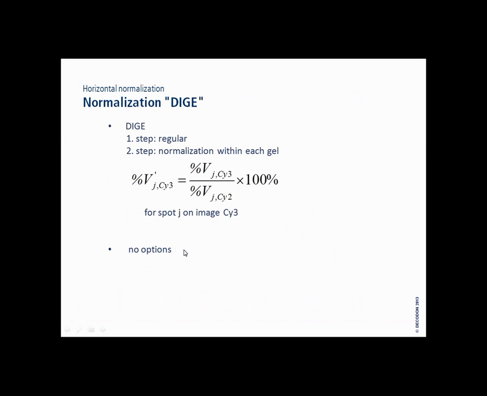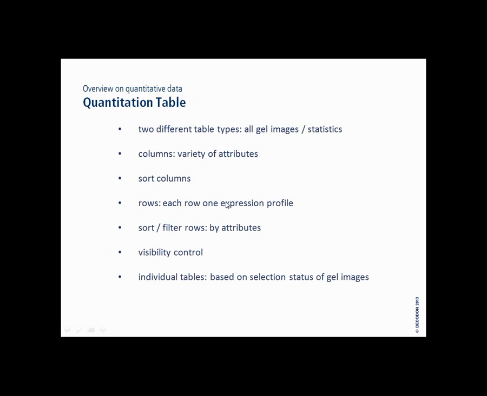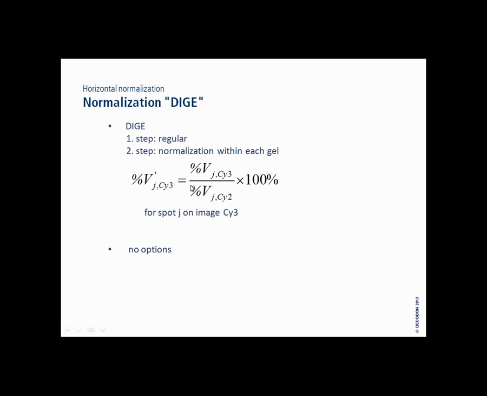An additional step is done if you have Delta2D projects using an internal standard. Then every normalized spot volume is divided by the normalized spot volume of the respective spot on the standard image, on the Cy2 image, or the G100 image if you are using the Refraction2D dyes, and is then multiplied by 100%, and then this is the spot volume that you get in Delta2D for a certain spot on a certain image.